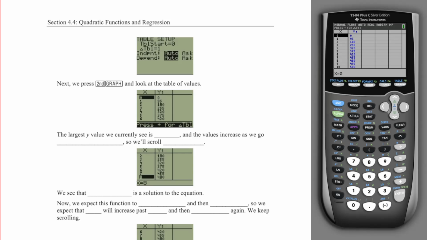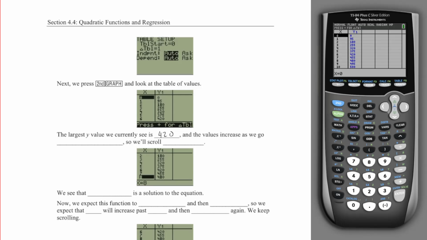So depending on the exact model of your calculator, you might see what we see in the screenshot, where the largest y value we currently see is 420. Or you might see what we see on the big calculator, where we see more x values and the largest y value we see is 500. But I'm going to fill this in based on the screenshots, where the largest y value we see is 420.